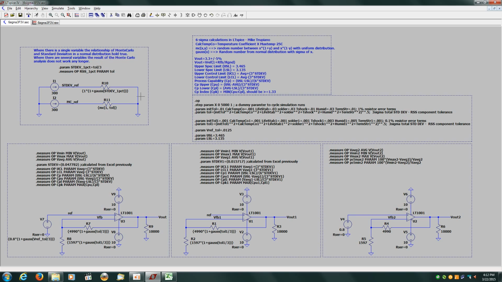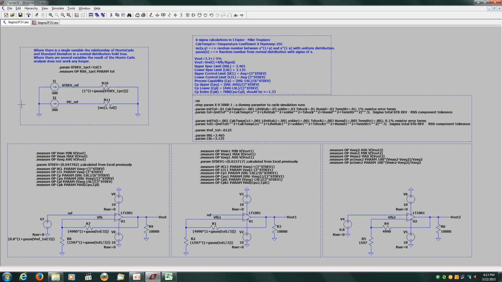And this Monte Carlo function and the Gauss function are related in a normal distribution. If I take the RSS value, TOL, and divide it by 3 and plug it in the Gauss function, and I take the tolerance value and plug it into the Monte Carlo function, if this is all working the way it's supposed to, and it did, you find that the Monte Carlo function is 3 times the standard deviation.